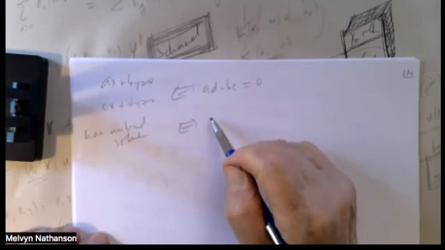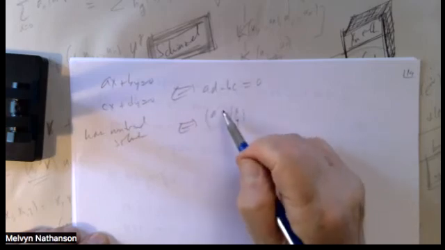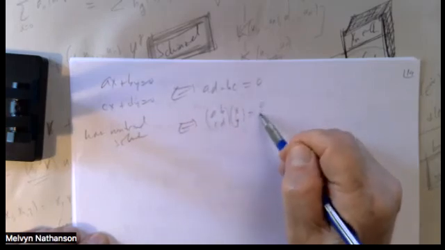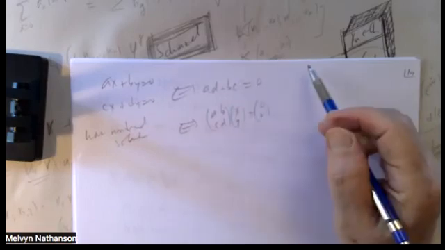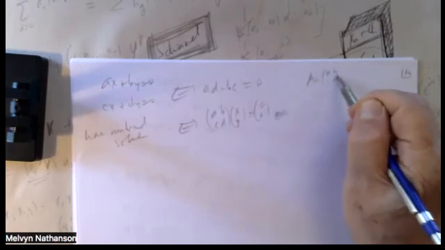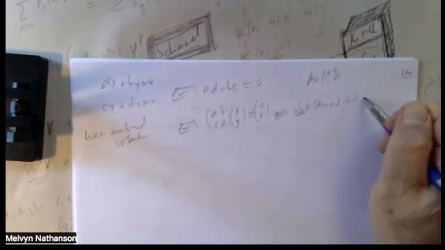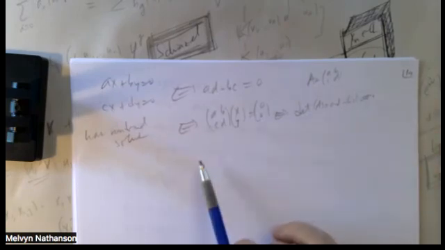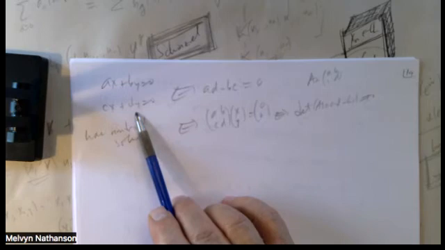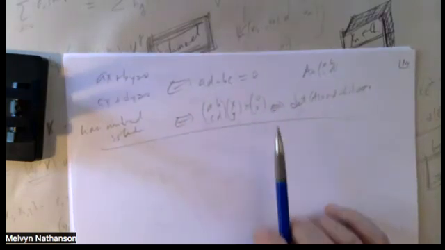That's the same as saying that if I take the vector XY and multiply it by the matrix ABCD, it's equal to 0 if and only if AD minus BC equals 0. And if we let A be the matrix ABCD, what we call the determinant of A is AD minus BC. That has to equal 0. So if you have two equations and two unknowns, there's a non-trivial solution if and only if the determinant is 0. So that's just a useful fact.